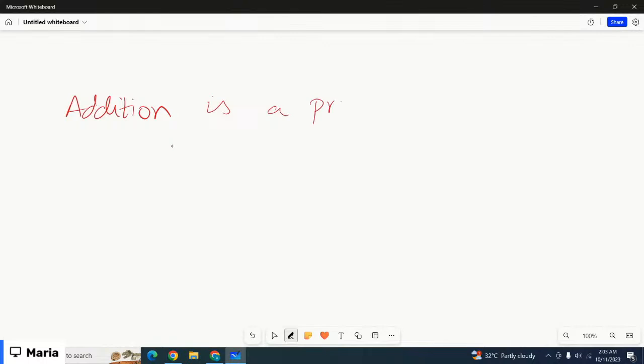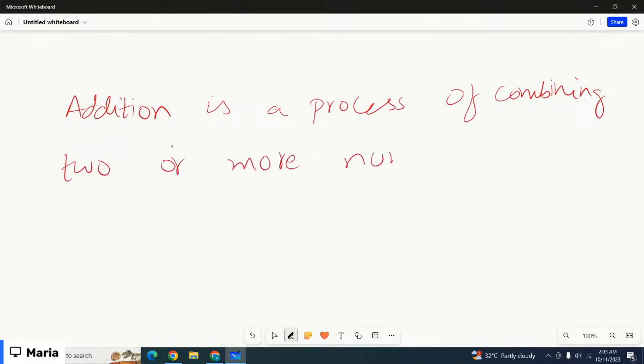Addition is a process of combining two or more numbers, right? For example, you have two numbers 5 and 4. You combine them together, and together they make 9. That is addition. That's how you add, right?